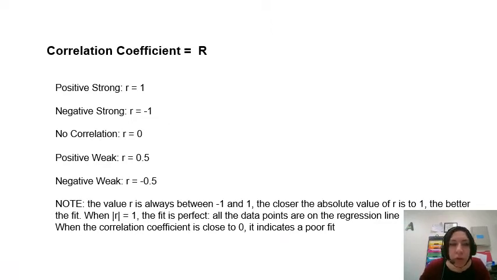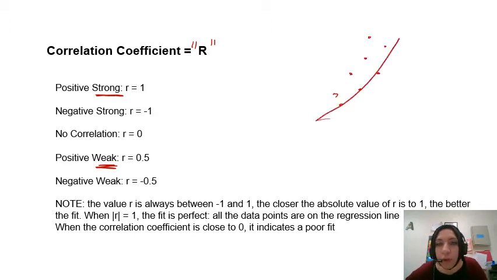Okay, so here's a definition here. And that is the correlation coefficient, and it's usually denoted by the letter R. So we usually say R is our correlation coefficient, and what the correlation coefficient tells you is how strong or how weak your relationship is in terms of the dots on the scatter plot and your line that goes through them.